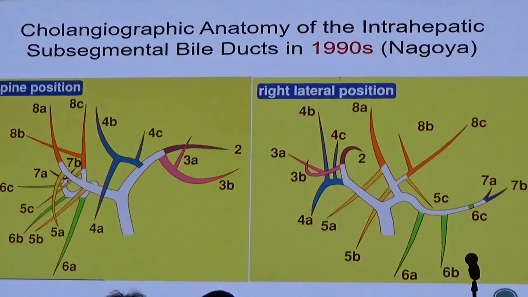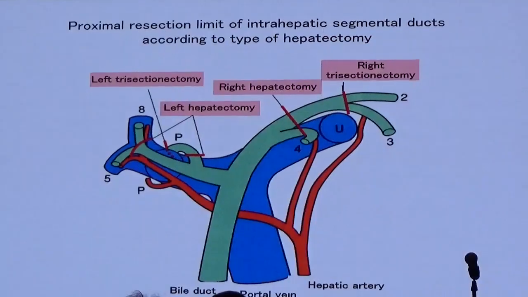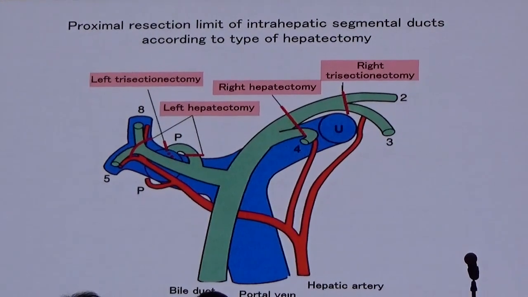This type of finding is very important to diagnose and to resect and to reconstruct the intrahepatic subsegmental bile duct. Now I'd like to speak about the proximal resection limit of intrahepatic segmental duct according to type of hepatectomy.